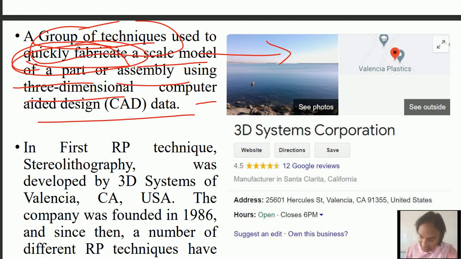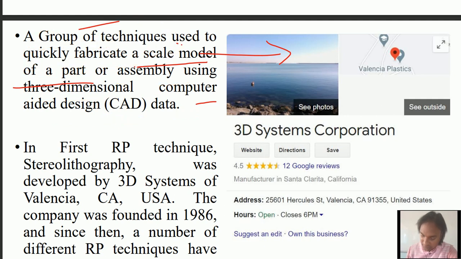The third term is scale model. If we are designing some bigger part like an aeroplane, then we can make a scale model at a smaller scale, that is, at reduced size for our lab testing.